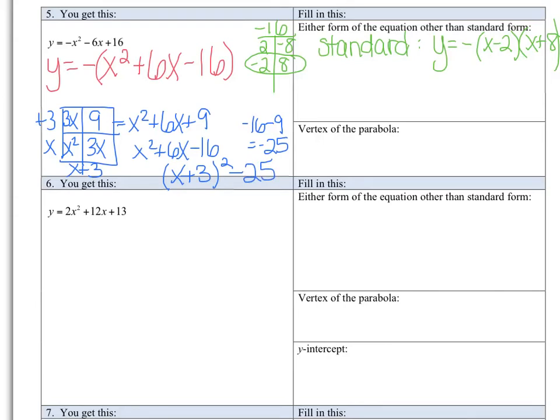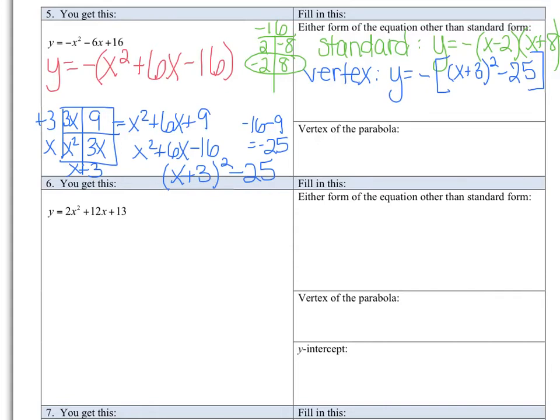Now, where it gets tricky in this vertex form is that what I now have is y equals the negative of x plus 3 squared minus 25. I have to redistribute that negative into this equation.